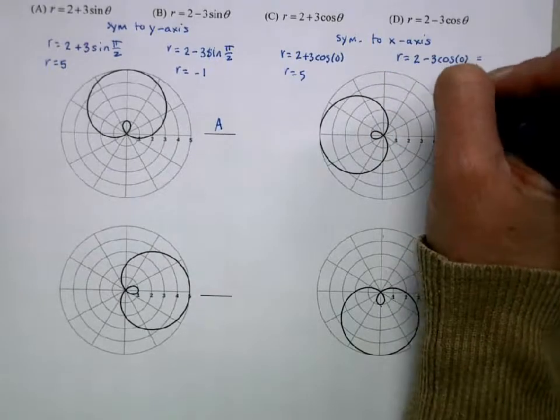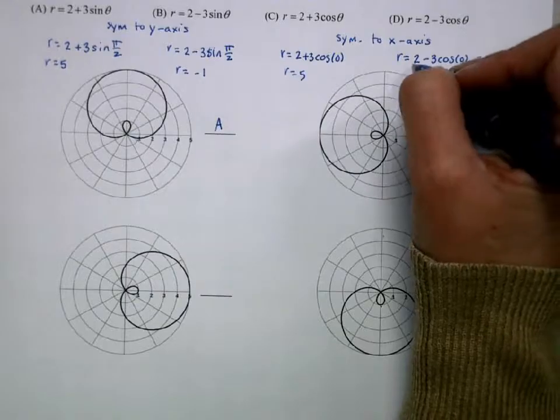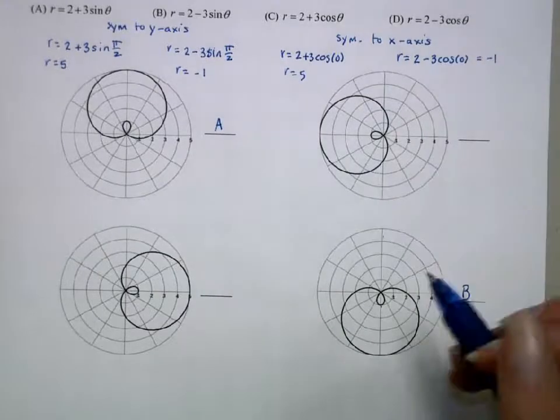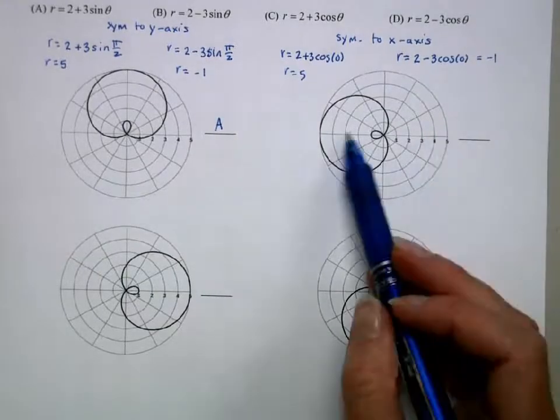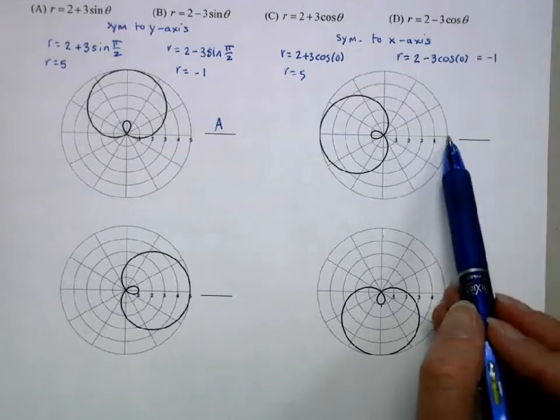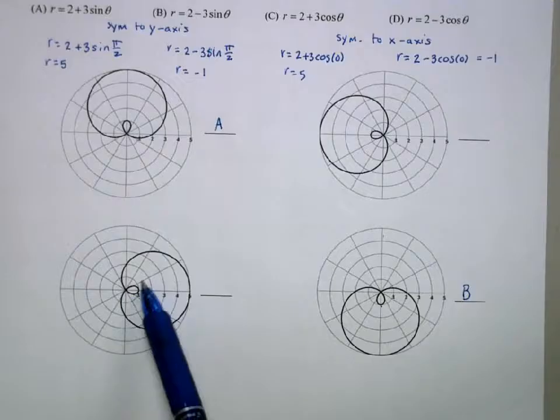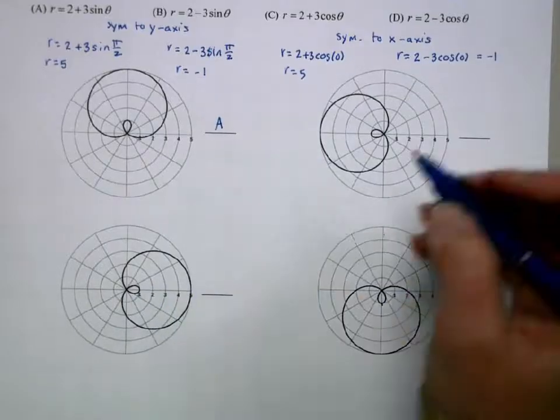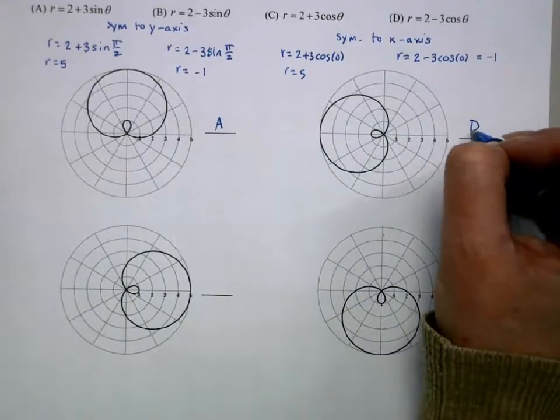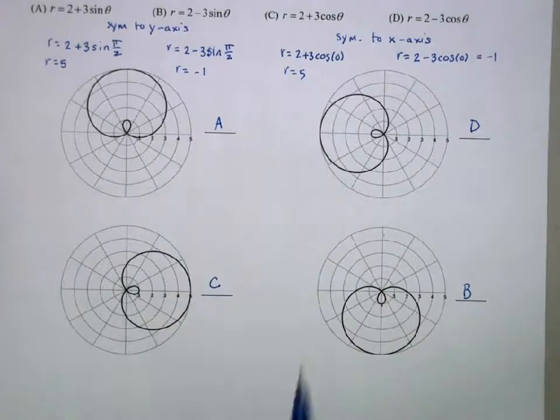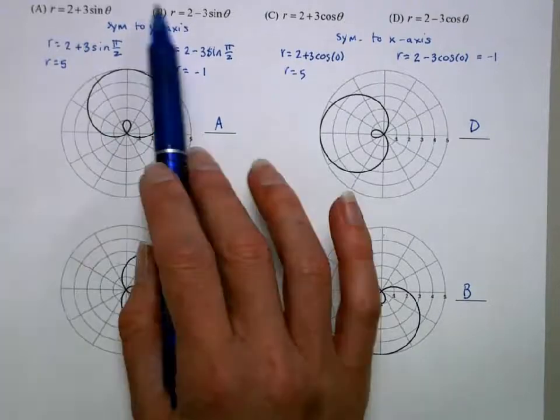So we get those same two values, it's just now going to be on the x-axis. This one at 0 went to negative 1, this one at 0 went to 5. So this one is my D, this one is my C. But again, if that's uncomfortable, you can plug in more values or graph the rectangular equivalents of these and see which one matches the coordinates that we're looking for.